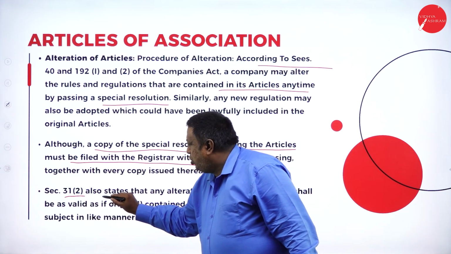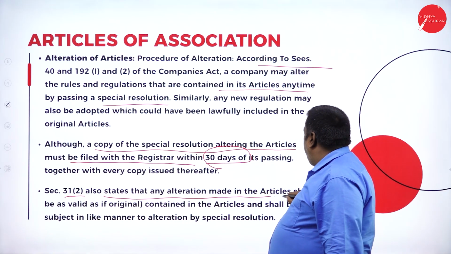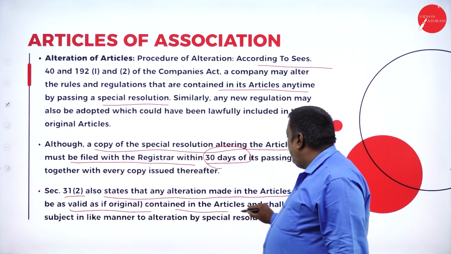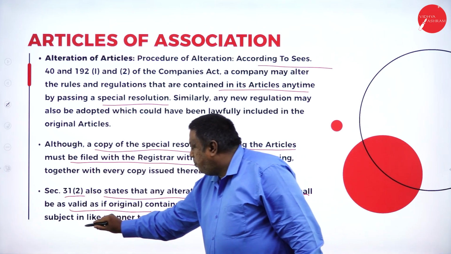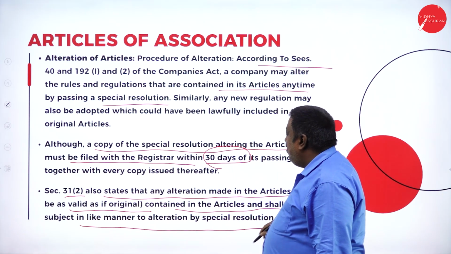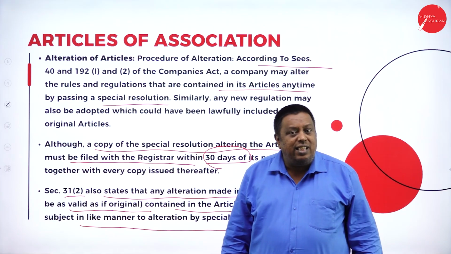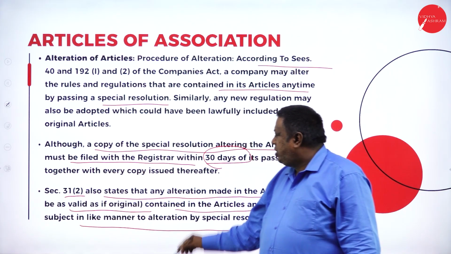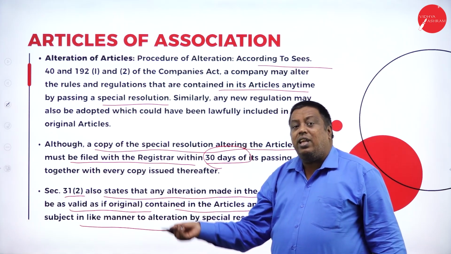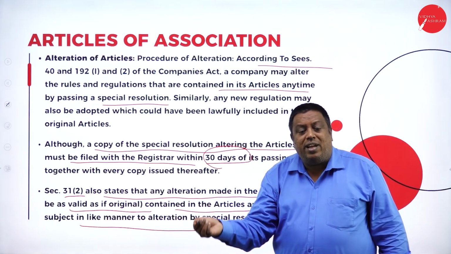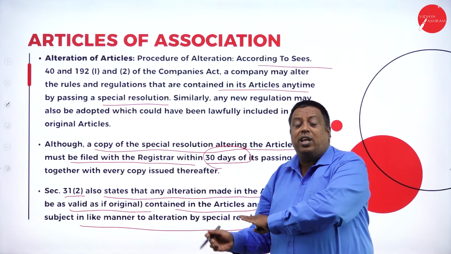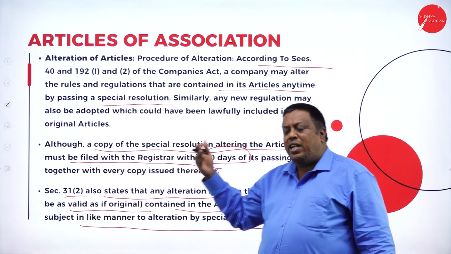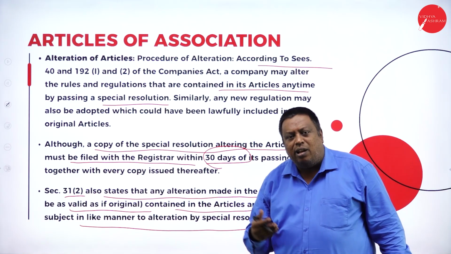Section 31, subclause 2 also states that any alteration made in the articles shall be as valid as if originally contained in the AOA, and shall be subject in like manner to alteration by a special resolution. The alteration made to the AOA and the copy we have stands equal to the original copy made earlier, and it now has to be approved by the Company Law Board.